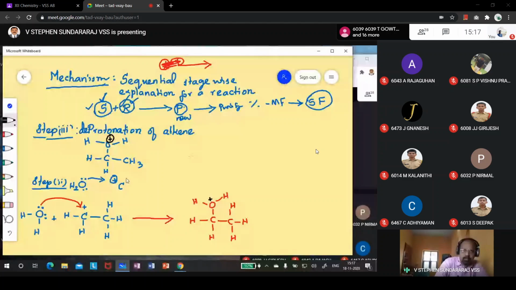Right? Now how to show that, because whenever you use this arrow mark, 2 electrons are moving from which place to which place. Okay, so the tail part is from the place it is moving.